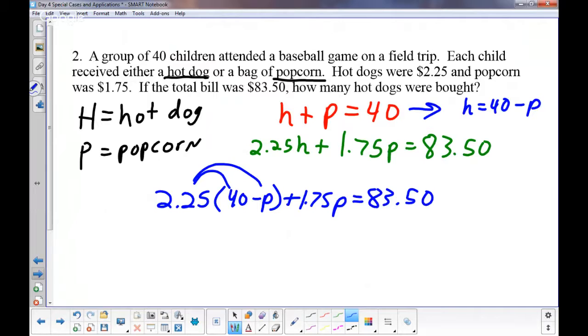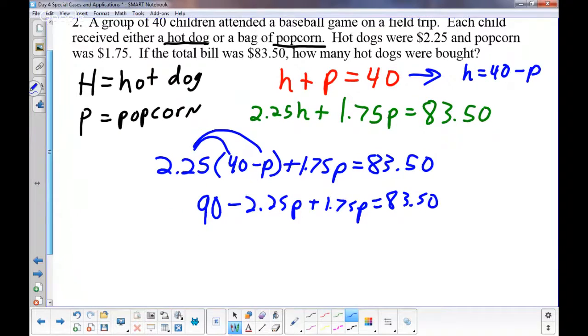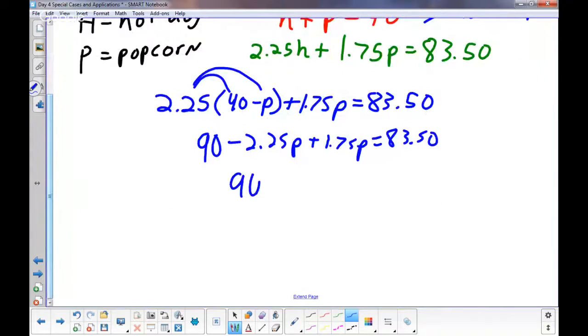2.25 times 40 is 90 minus 2.25P plus $1.75P equals $83.50. Combine like terms, we get 90 minus 0.50P equals $83.50. Subtract 90.